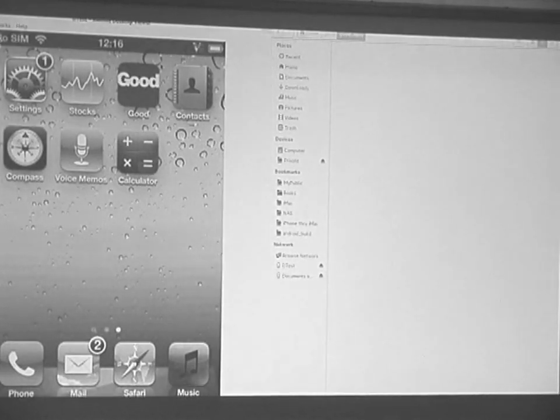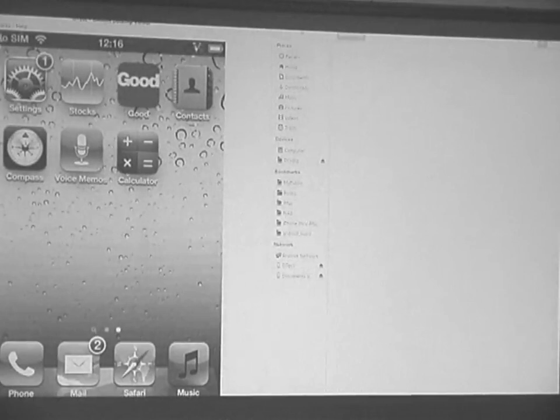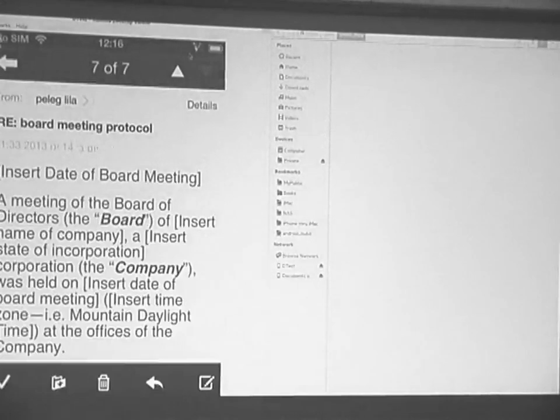Similar story with iOS. As you can see, standard iOS device having Good for Enterprise installed on it. And this time, as you can see, we're starting the Good for Enterprise solution.